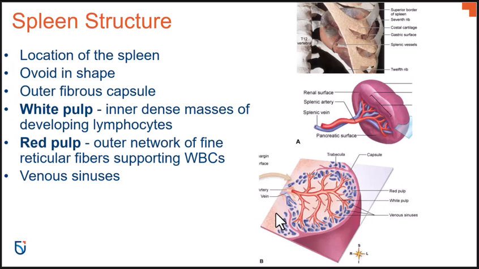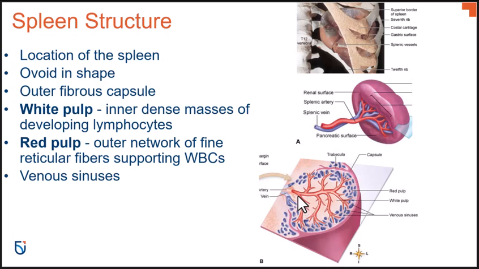Now, like other lymphoid organs we've talked about today, the spleen is surrounded by a fibrous capsule and an inward extension that divides the organ into different compartments. In figure B, we can see a basic image of the internal organization of the spleen.